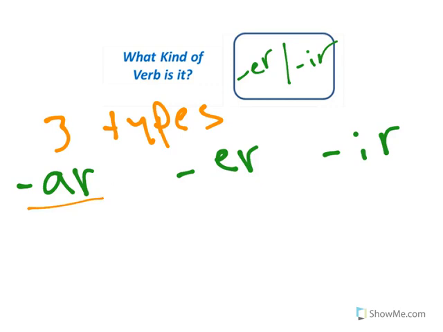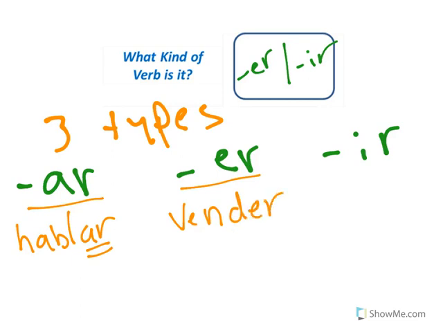So an AR ending verb is like the word hablar. It's called an AR because it ends with AR. An ER ending verb is like the word vender, which means to sell, ends with ER. And an IR verb is like the word escribir, which means to write.